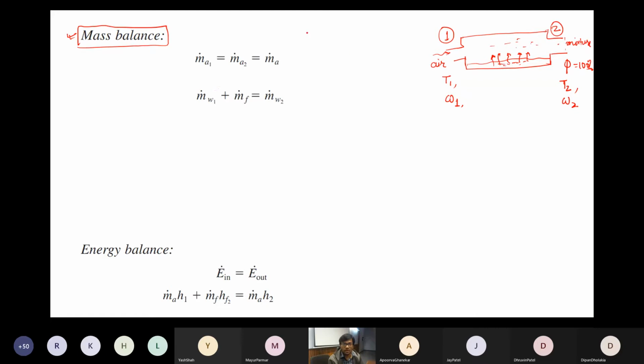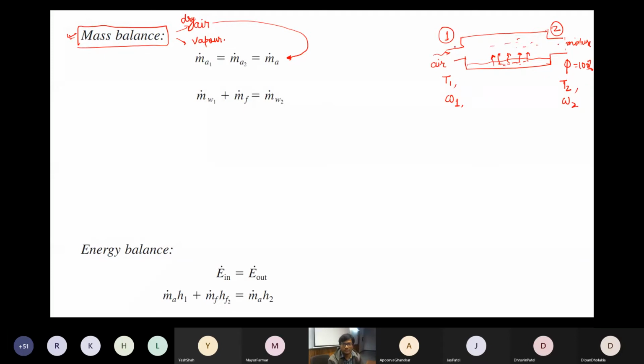Okay, so let's talk about mass balance of air and vapor separately. So when I talk about air, so air is dry air, right? So dry air mass will be conserved, okay, at 1.